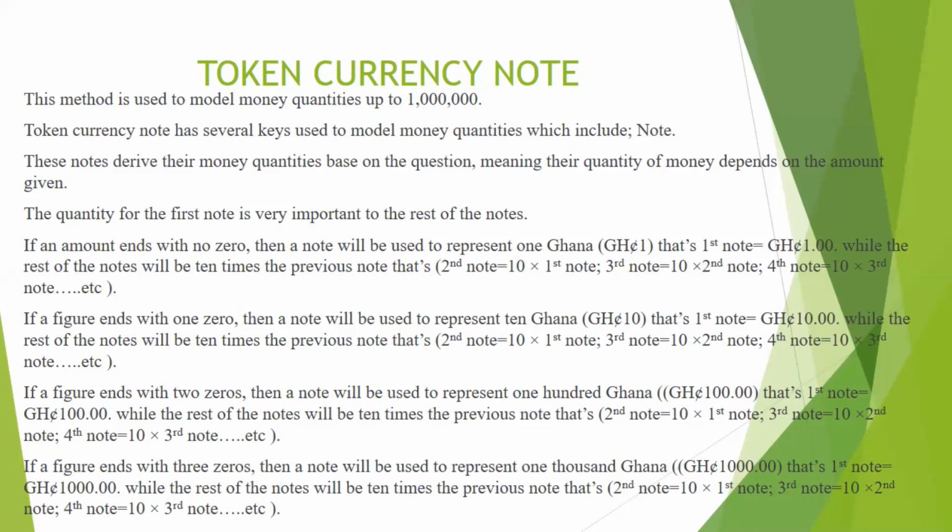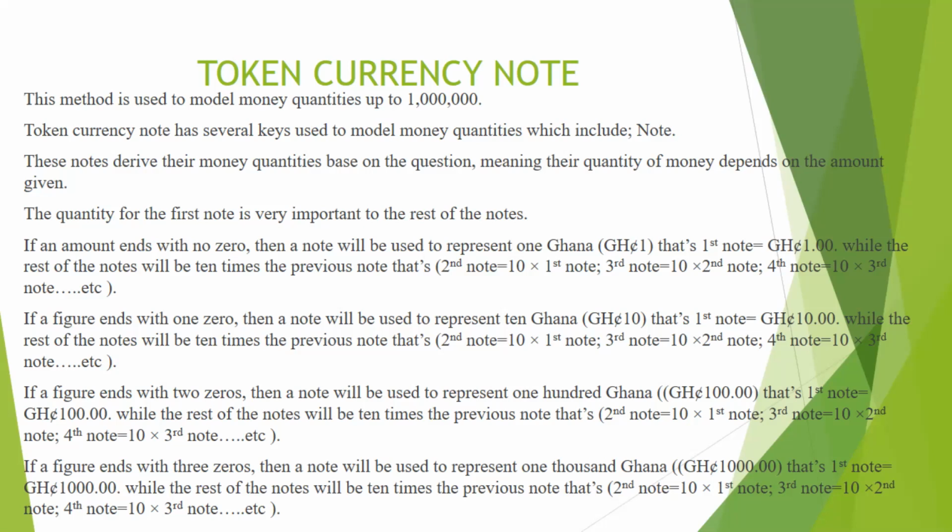Token currency has several keys used to model money quantities, which include notes. These notes derive their money quantities based on the question sets, meaning the quantity of money depends on the amount given. The quantity for the first note is very important to the rest of the notes.